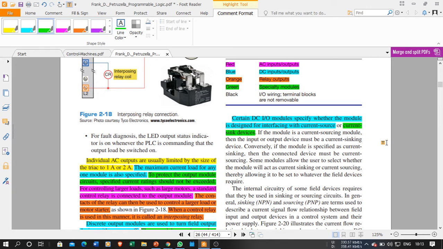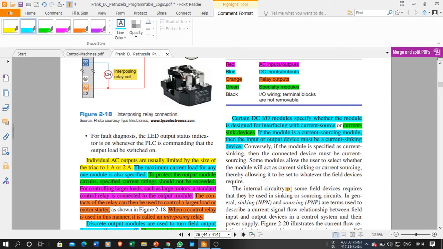Sourcing or sinking, okay. If my module is a current sourcing module, then input and output devices must be current sinking devices. If the module is supplying current, flowing through the module, then my devices should be current sinking.